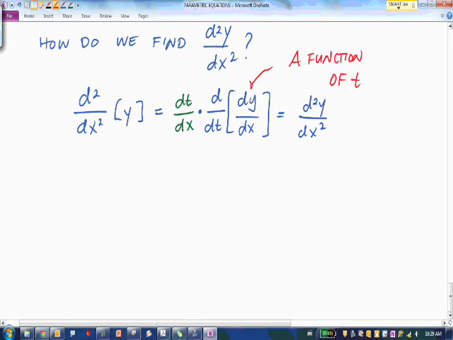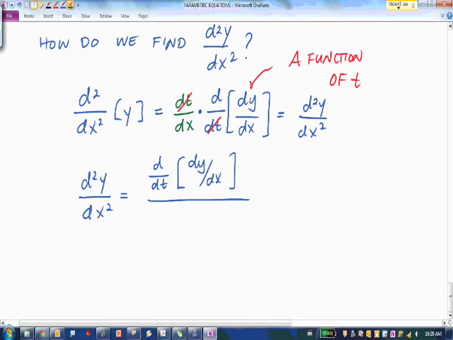In essence, these dt's cross out. So as a formula, if you want to find the second derivative of y with respect to x, you take the derivative with respect to time of dy/dx and then divide by the green, which is, if you look at it, dx/dt. It's a little bit strange, but I'll leave that for you on the homework to work out.